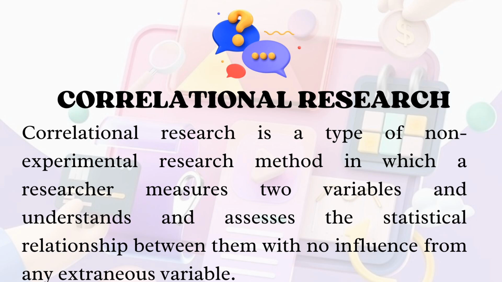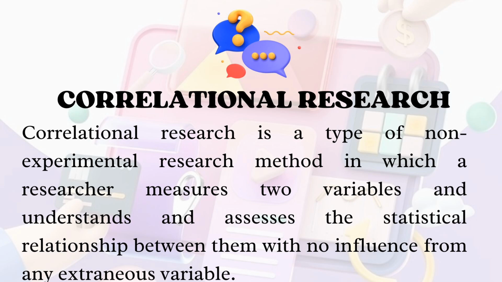It describes the relationship between the two variables without interfering with those two variables. So we just observe and identify the relationship, the similarities, and the differences of these two variables. As simple as that, correlational research observes the relationship between the two variables with no other influence or interference.